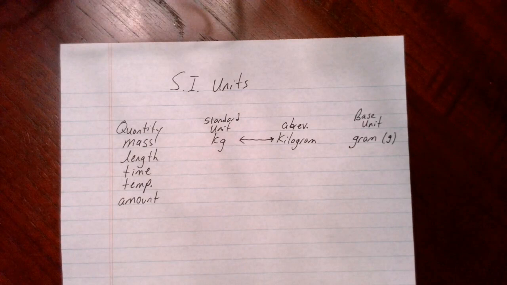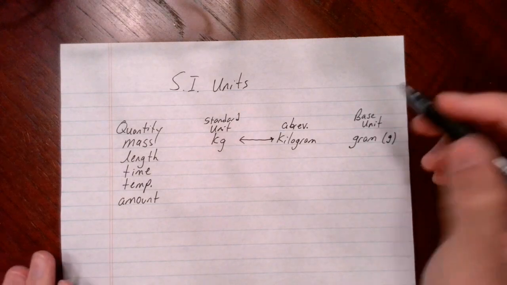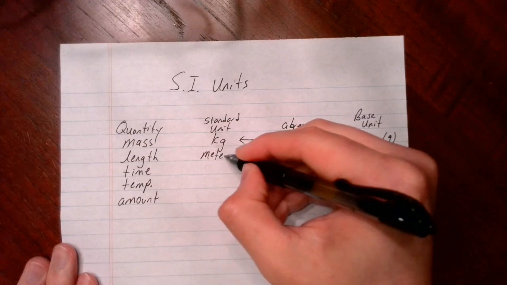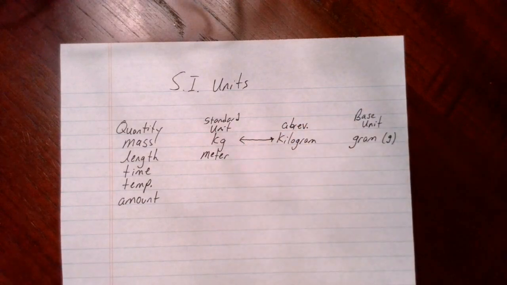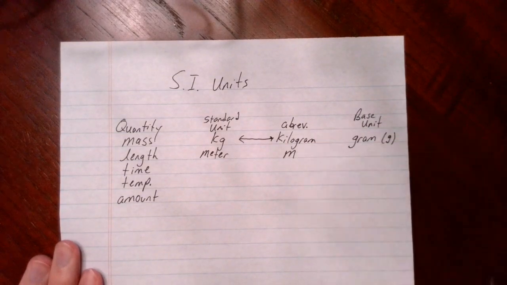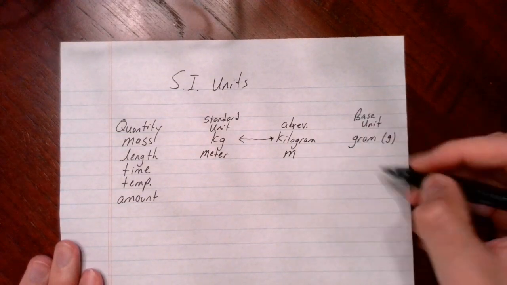For length, the standard unit is a meter. You'll see a slightly different spelling in some countries, but we'll go with that spelling. The abbreviation for meter is just a lowercase m, and the base unit is just meter.